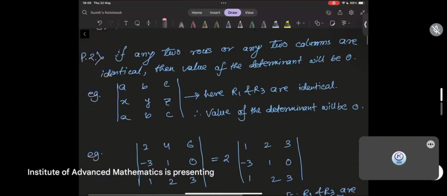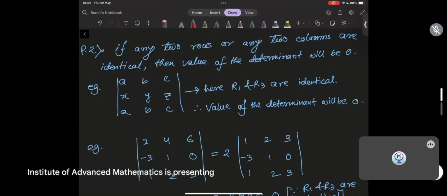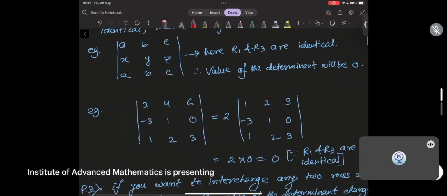Then I have taken another example: 2 4 6, minus 3 1 0, 1 2 3. We always go row-wise. First, no two rows or columns are identical in this determinant, right? But we can take common 2 from row 1.